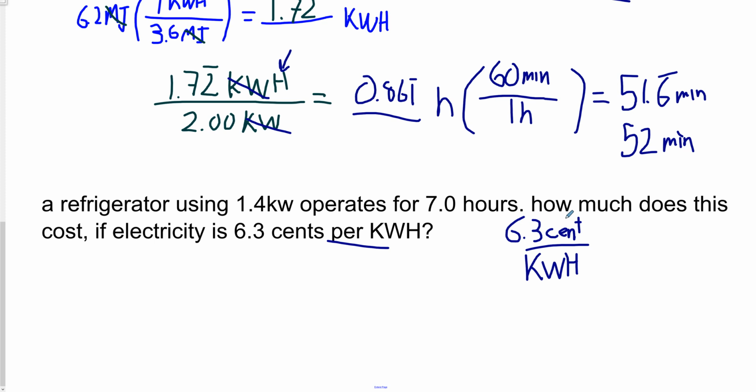So first of all, my power is in kilowatts, my time is in hours. So quite simply, 1.4 kilowatts multiplied by 7.0 hours. Then I'm going to multiply by 6.3 cents per kilowatt hour.